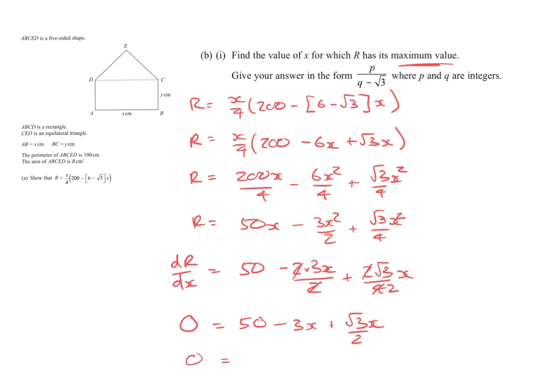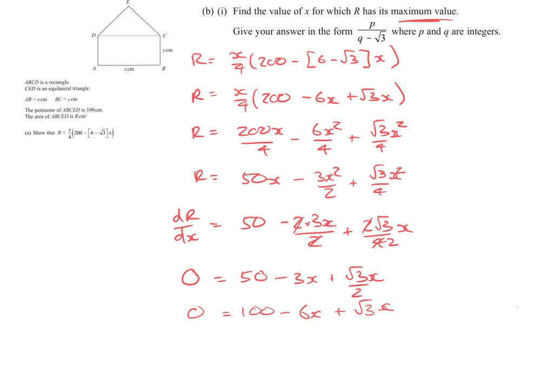So 0 equals 100 minus 6x plus root 3 multiplied by x. Now I'm going to factorize the x part at this point. So 0 equals 100 minus x, factorizing with minus x, 6 minus root 3.